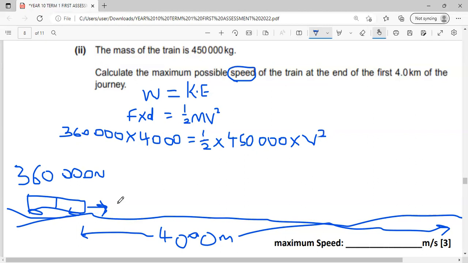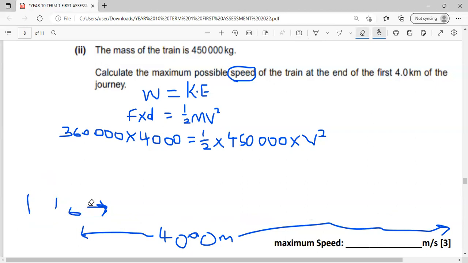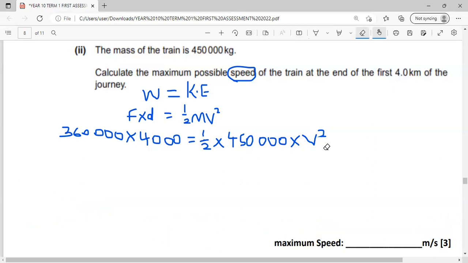So let me remove all of these illustrations. They are just meant for you to easily understand what the question requires of us, so they are not part of your solution. Physics is easier to solve when you are able to visualize what the problem is. After visualizing, you'll be able to derive the appropriate formula to solve the problem.